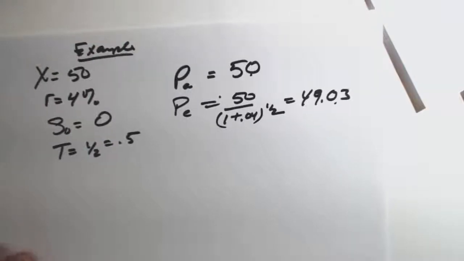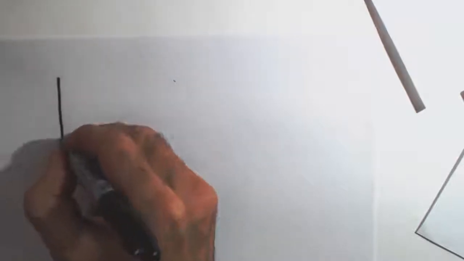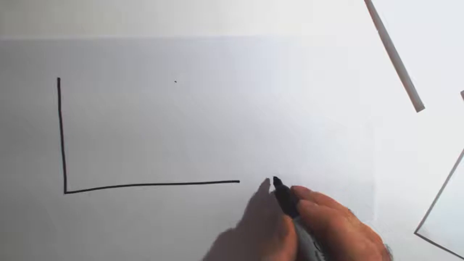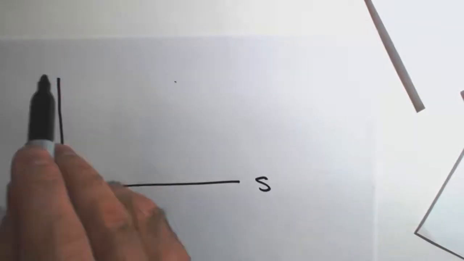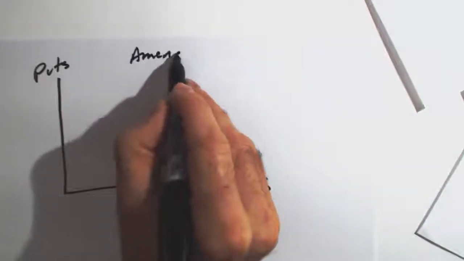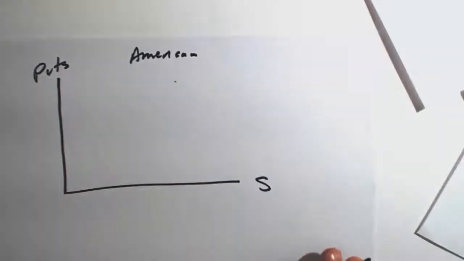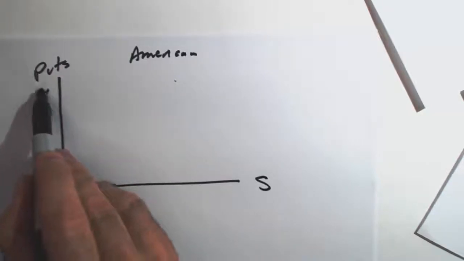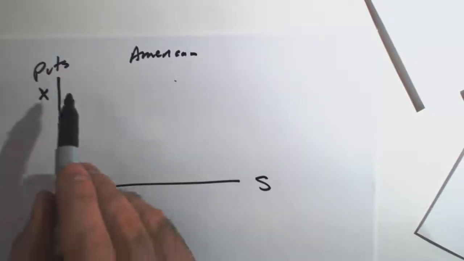So now we are in a position to look at the boundary conditions for American puts. Let's do that first, and then we'll do a little bit of decomposition and look at European options in a second. Remember the maximum value of a put.